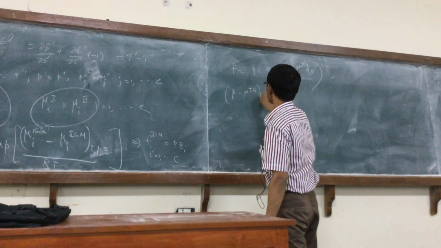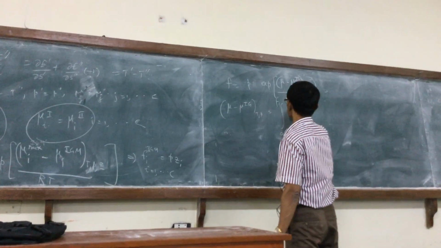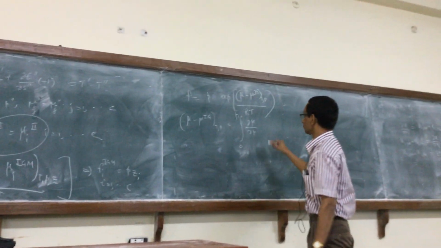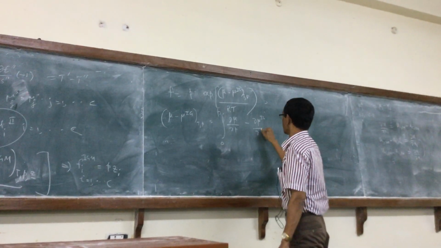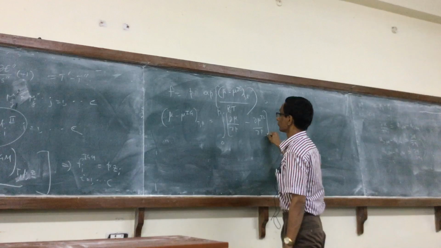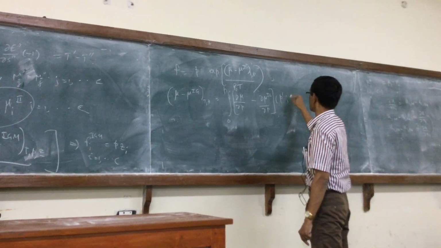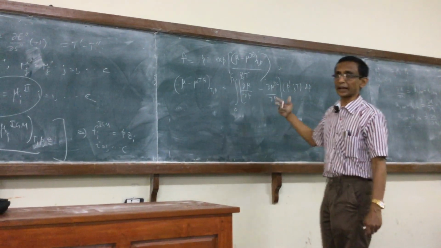For instance, I could look at this. For the pure component, this will be the integral from 0 to P, as we saw, of dU by dP minus, at a particular temperature, P minus P here, dP. This is the direct formula.